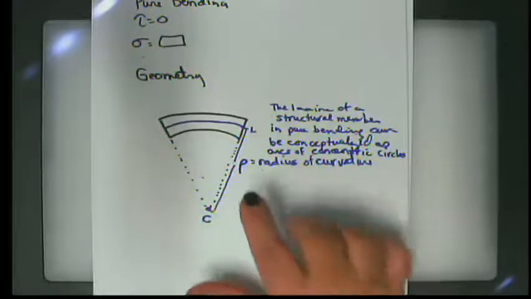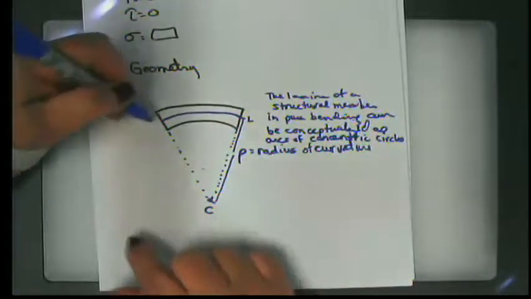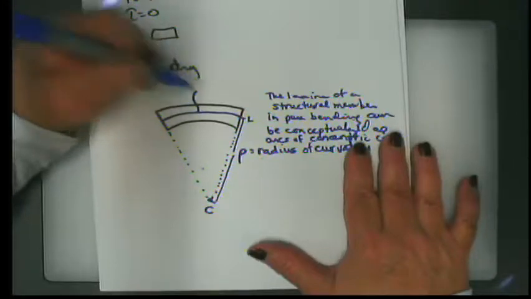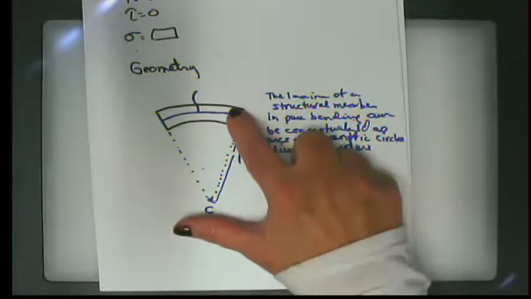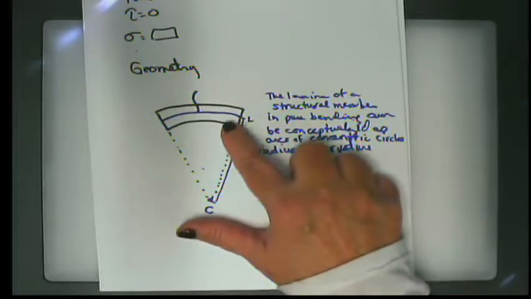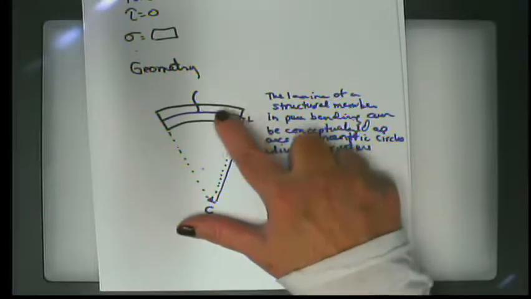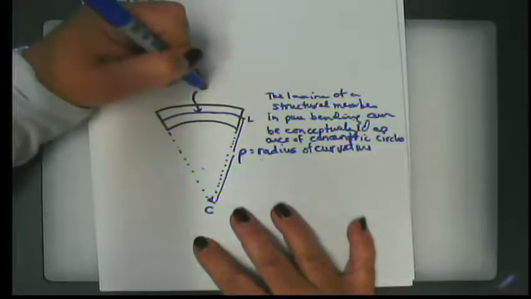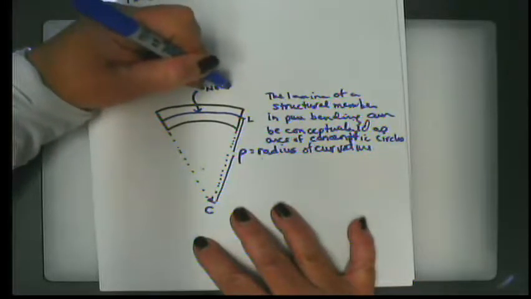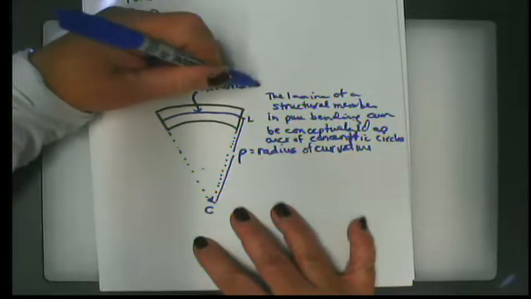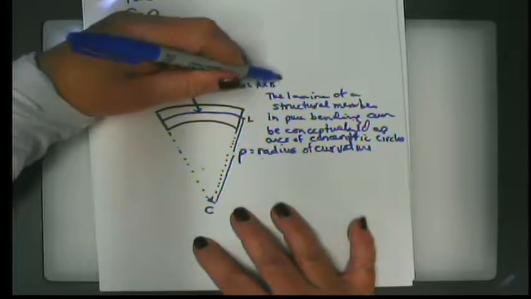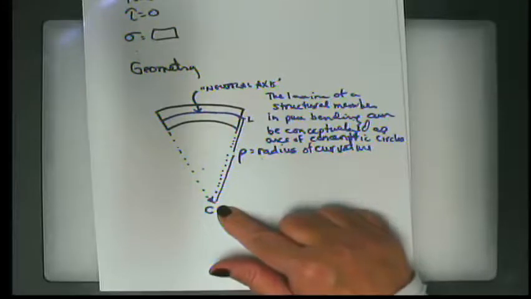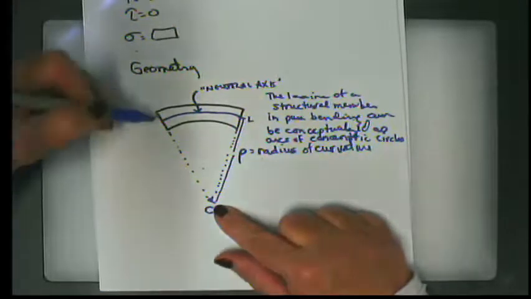Right? Now, it turns out that the place where the structural member in pure bending is neither elongated nor shortened is referred to as the neutral axis. And the neutral axis occurs a distance rho from the center of curvature C.